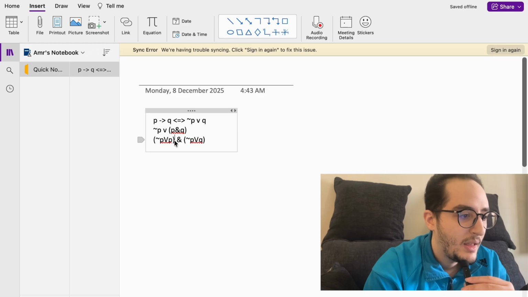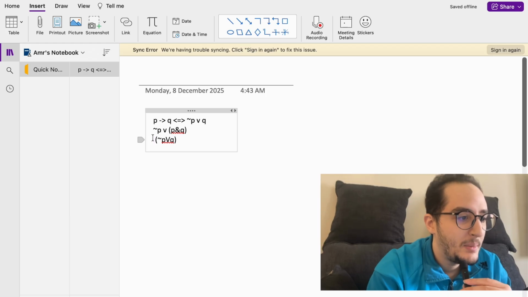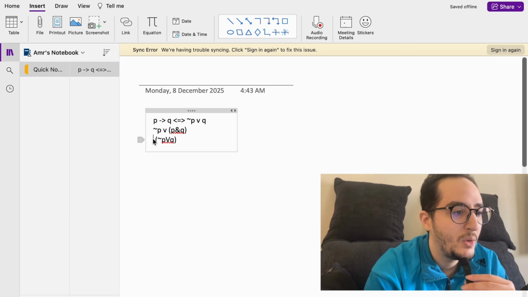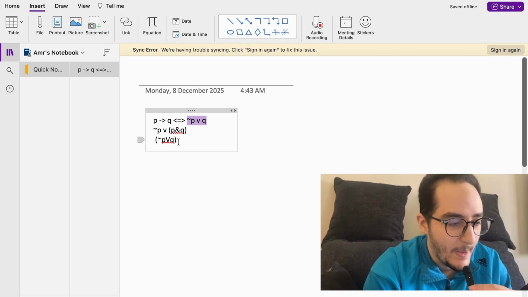So this part right here has no effect on the truth value of the whole statement, because the truth value of this is always true. So basically we can eliminate this and we will have the same truth value of the whole statement. The whole statement will preserve its truth value, and so we end up with this right here, which is the implication rule.